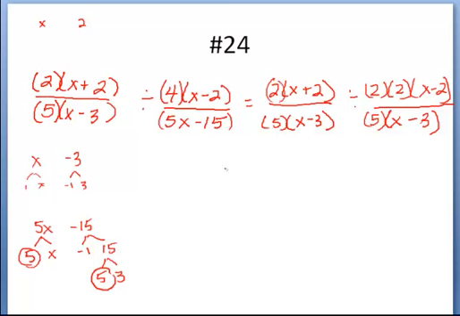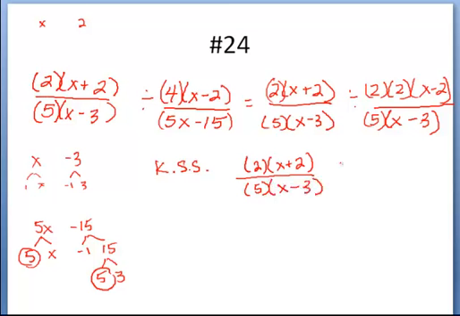Okay. So now the process for division is to keep, switch, switch. KSS is what we're going to say. So I'm going to keep my first rational expression exactly how it is. So there's my dividend. I'm going to be taking this and keeping it exactly the same.